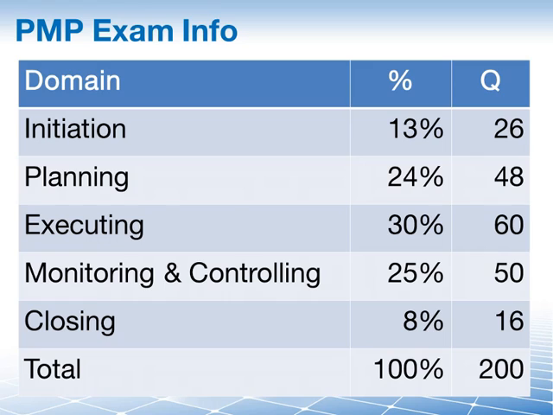So it's quite obvious that the closing domain with 16 questions in total versus the executing domain where you have 60 questions in total, well, closing is a lot less important. So you should invest more time into studying the executing portions of a project and a little less in regards to closing for the PMP exam.